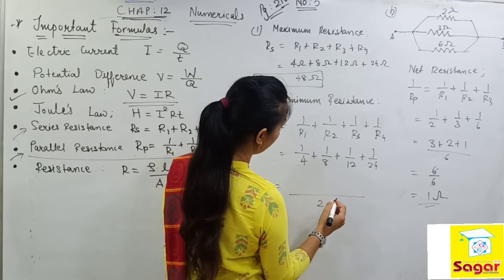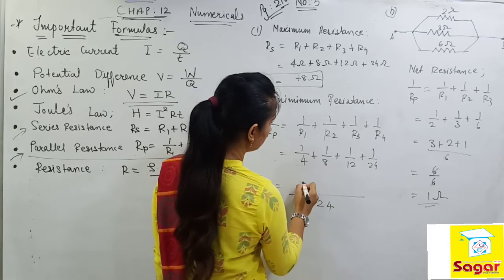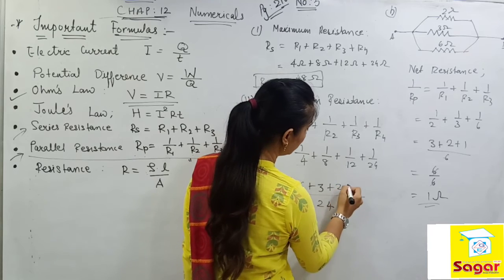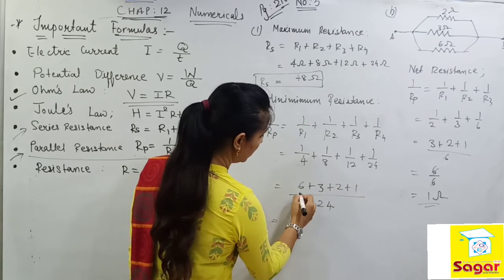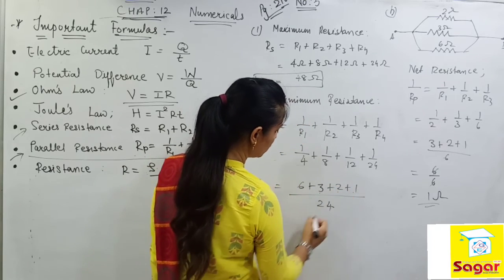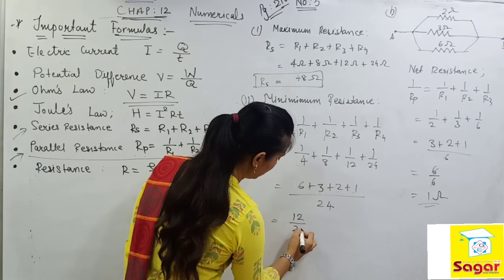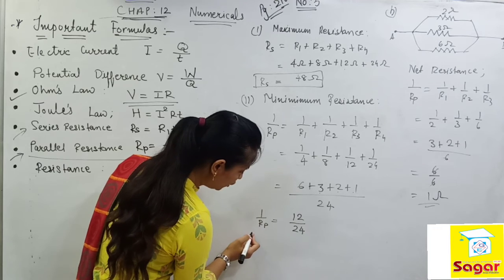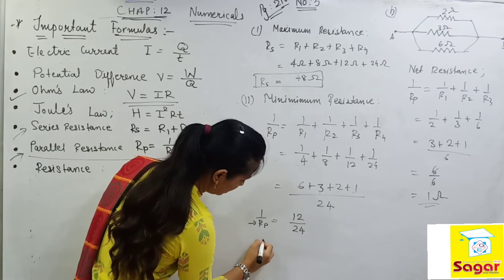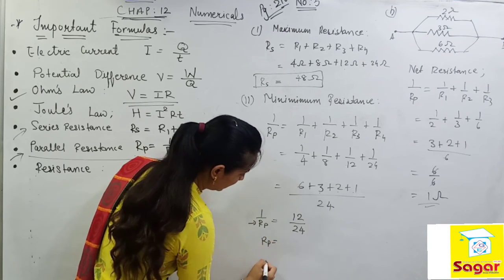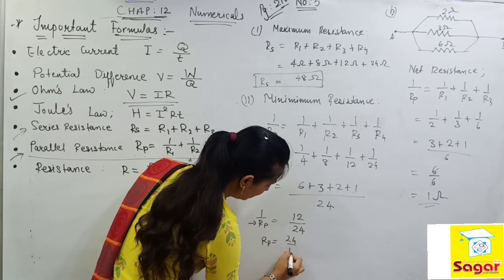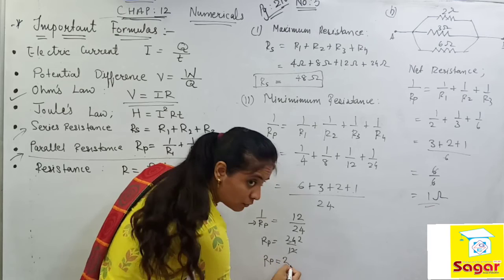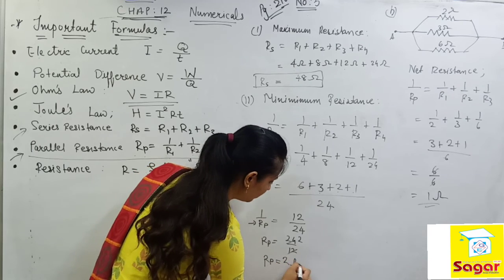Now, this is 6, 3, 2 and 1. So 6 plus 3 is 9, plus 1 is 10, plus 2 is 12. So it will be 12 by 24, that is 1 upon Rp. But we need to find the value of Rp, so take the reciprocal. So it will be 24 by 12. 12 2s are 24. So parallel resistance is equal to 2 ohm.